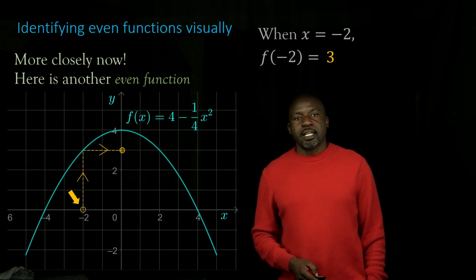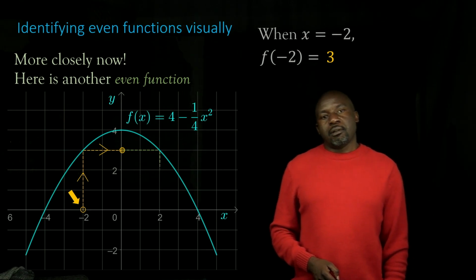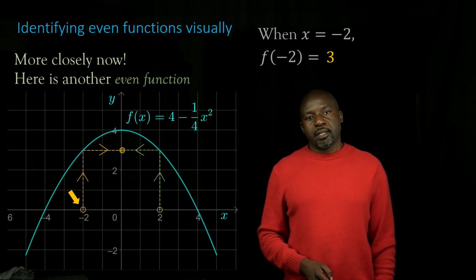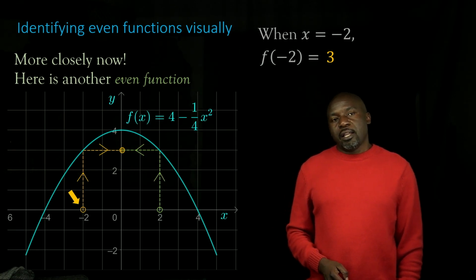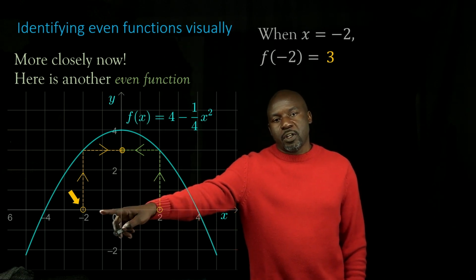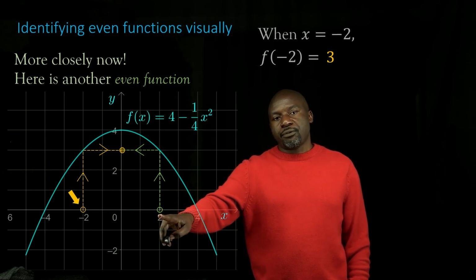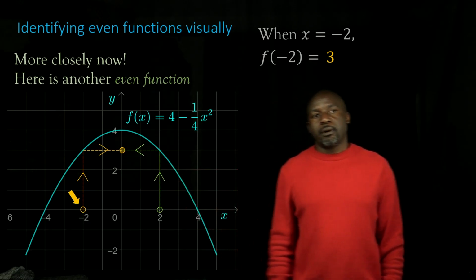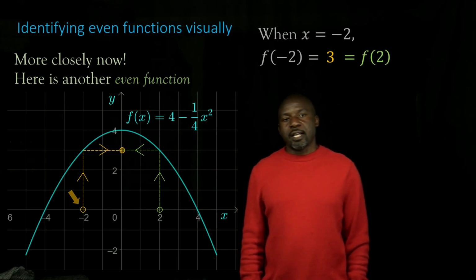But we can see that f of 2 is also 3, which is to say that f of -2 is the same as f of 2, and both of them are equal to 3, okay? This is an important result.